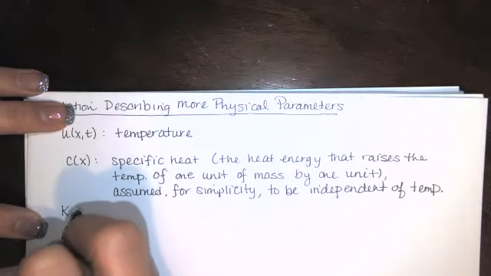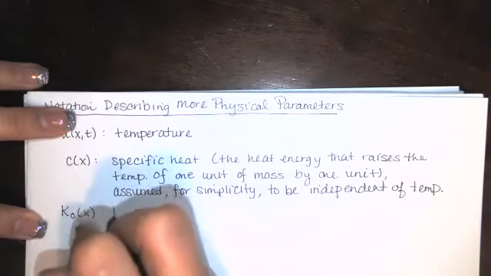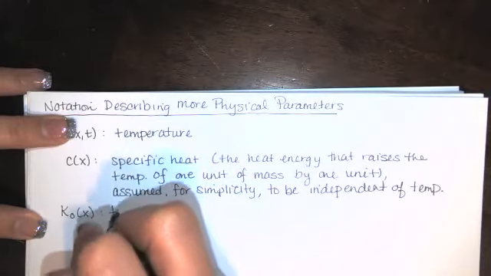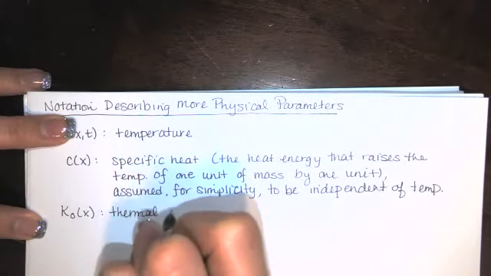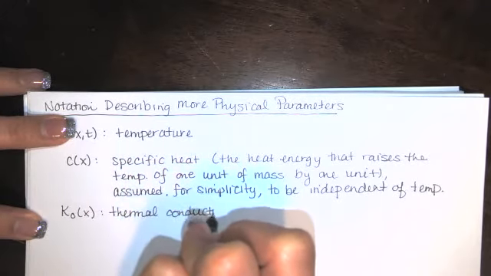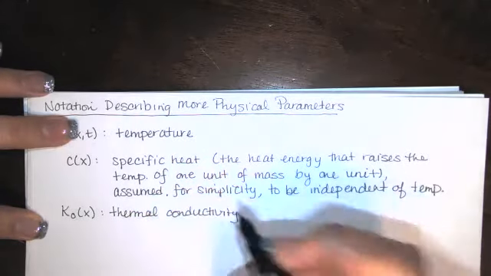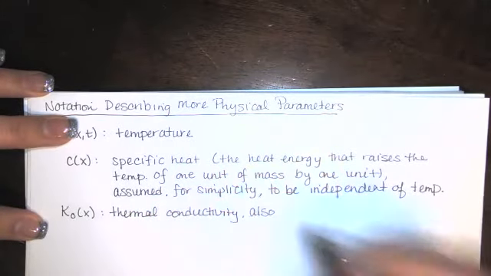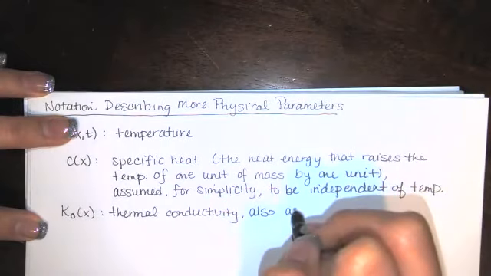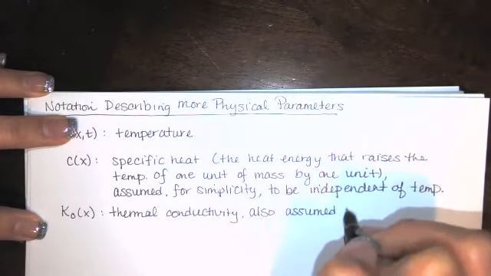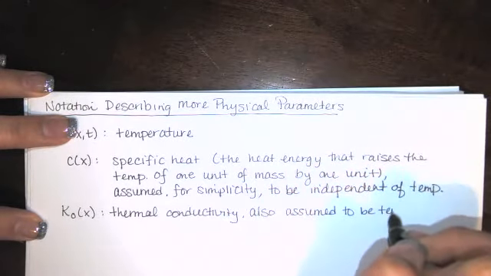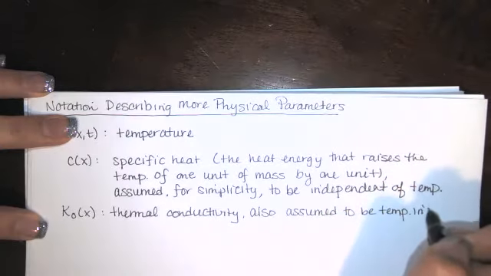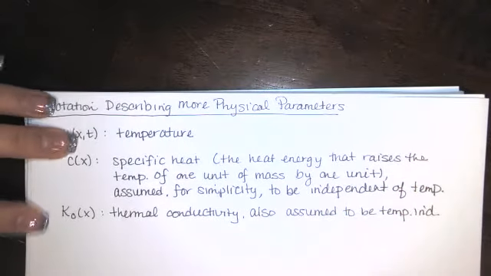Kappa sub 0 of x is what is known as the thermal conductivity. We'll also assume that this is independent of the temperature. And I'll just say temp independent for simplicity in my notes.